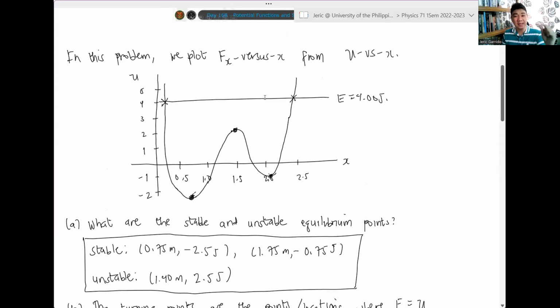Alin dyan yung pinakamababang potential energy? Alin ngayon dyan? Nasaan dito yung pinakamababang potential energy? Siyempre, nasa 0.75 at this region here, which is one of the points.